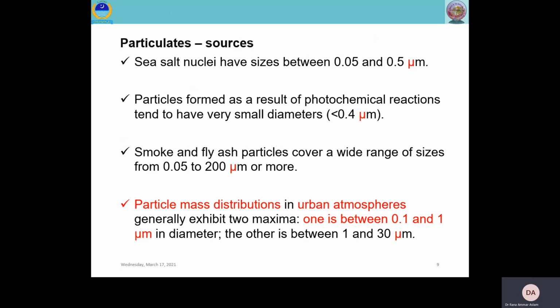And the particulate matter from smoke and fly ash particles varies between 0.05 to 200 micrometers. So this was the information related to the size of the particulate matter.